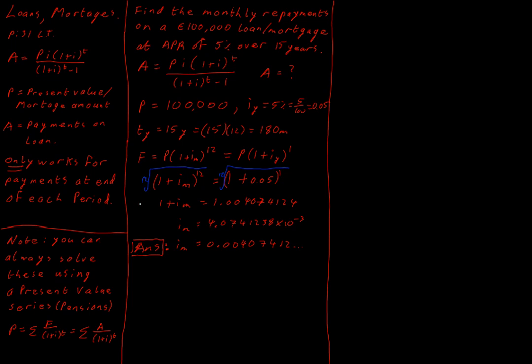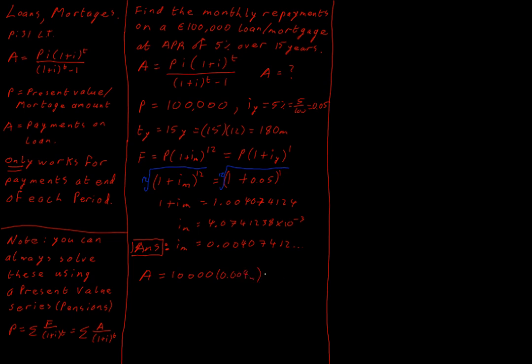Now, we have all of our different bits and pieces for our formula. So let's sub into this formula here. A is equal to 100,000 on our IM. You can actually just write IM if you like. There's absolutely no problem with doing so.